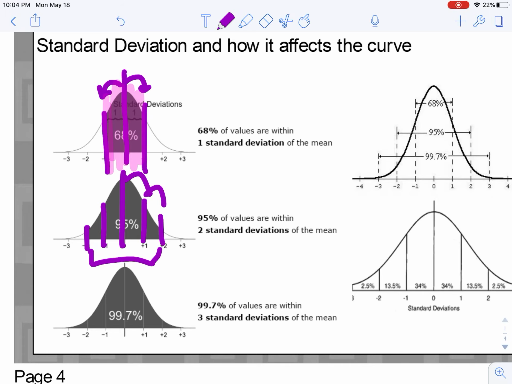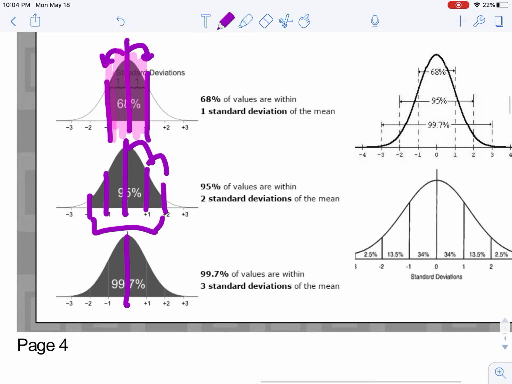That is 95%. And if you go 3 standard deviations, 1, 2, 3, that's 99.7%. So all that's left over in that tiny little spot is 0.15, and then this is 0.15. So almost 100% of people fit into the other categories.